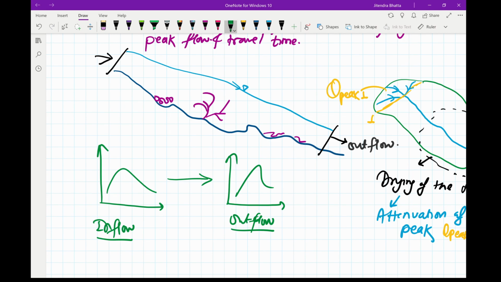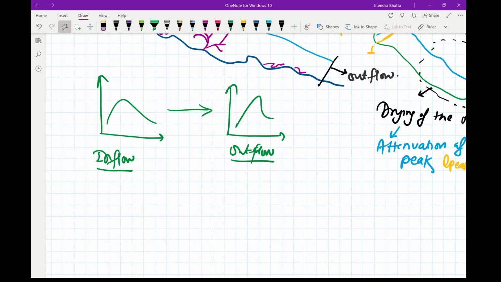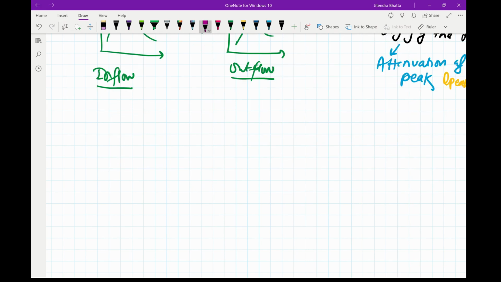Now there are several methods for channel routing. Here we'll just use a simple method, which is the Kinematic Wave Model.